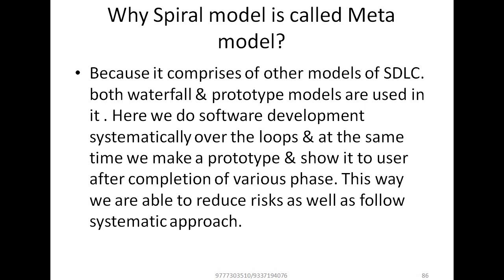We can say the spiral model equals the waterfall model plus risk. If I combine the waterfall model with a risk factor for handling risk, that model is called the spiral model. So it is called a meta model because it comprises other SDLC models, the waterfall model and the prototype model.